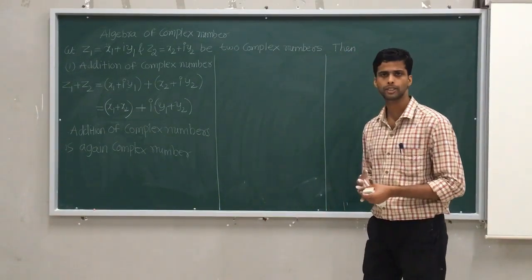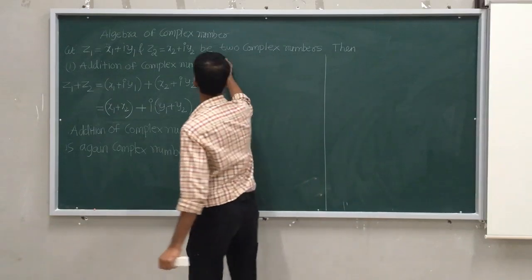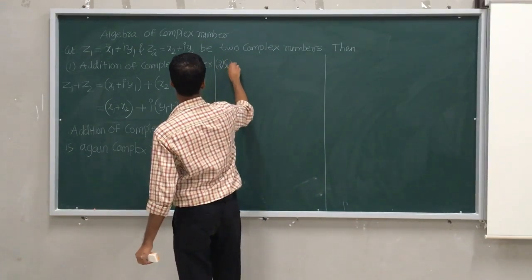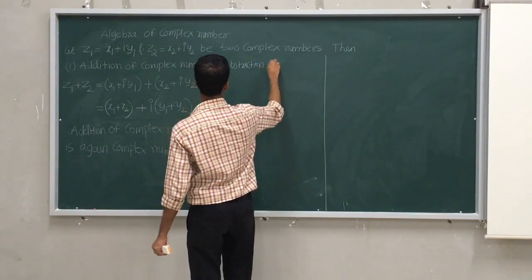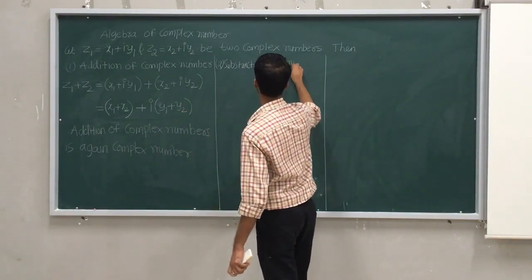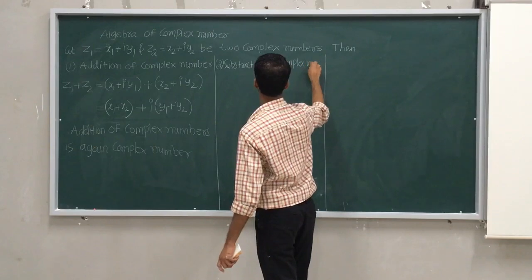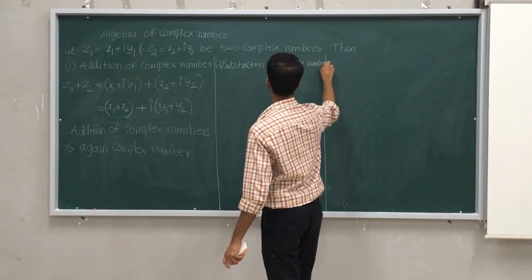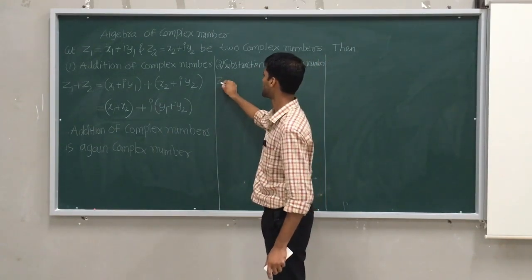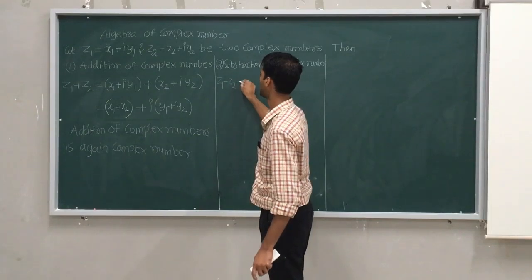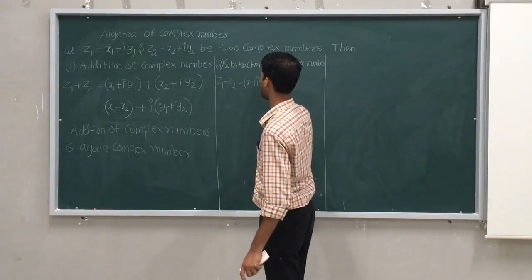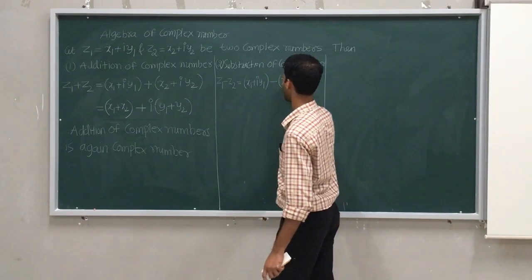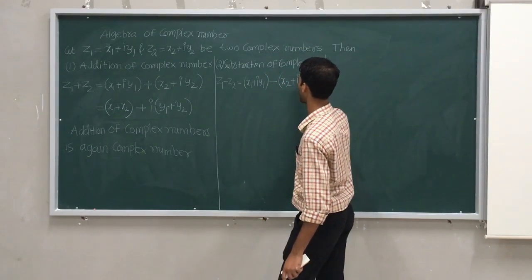Now whether it is applicable to subtraction, let me check. That is subtraction of complex numbers. So what do we do usually? Z1 minus Z2. That is x1 plus iy1 minus x2 plus iy2.